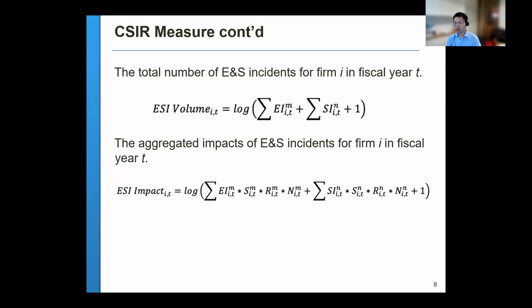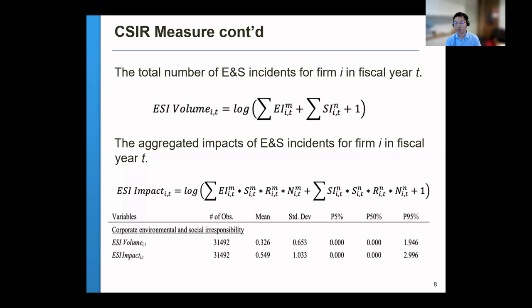We use the severity times the novelty times the reach to measure the integrated impact of a typical incident on the economy. We aggregate them together, and we call it ESI impacts. We try to measure corporate social irresponsible behavior using those two measures, ESI volume and ESI impacts. That will be the key dependent variable in our regressions.